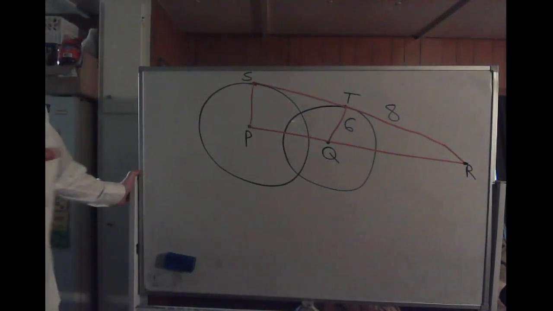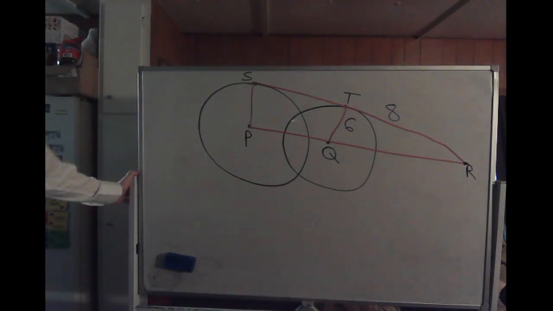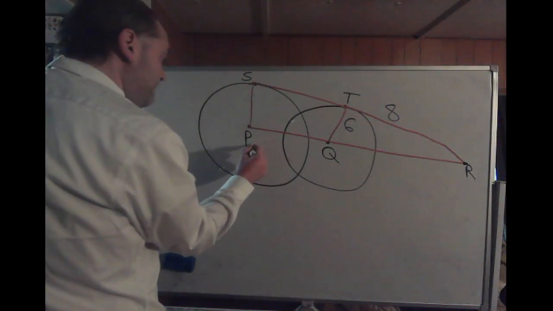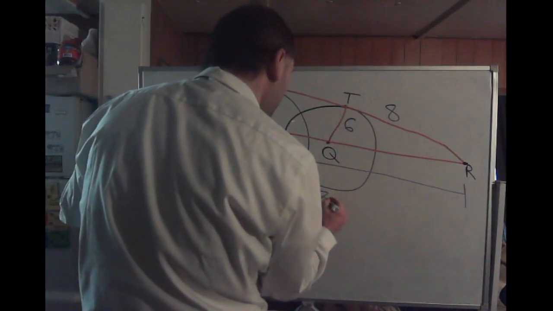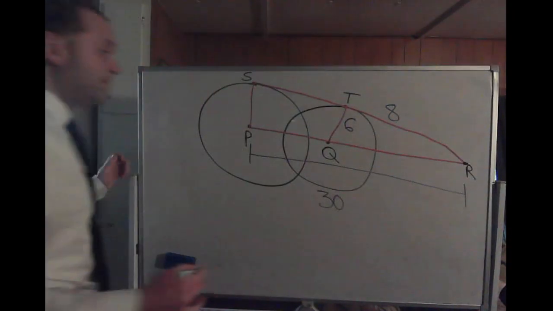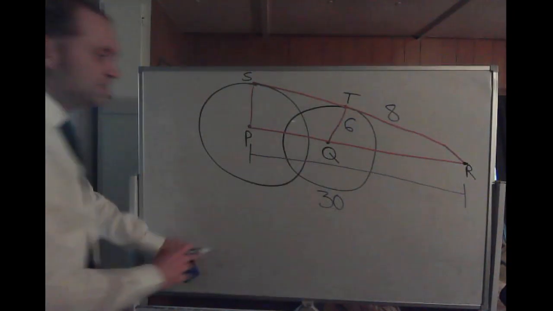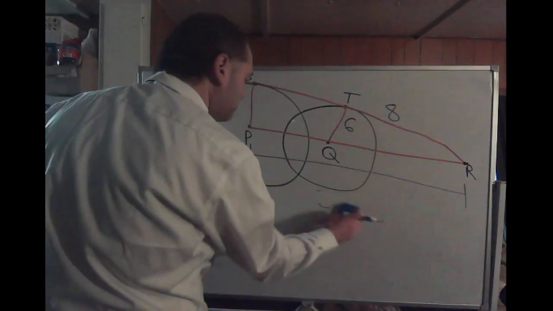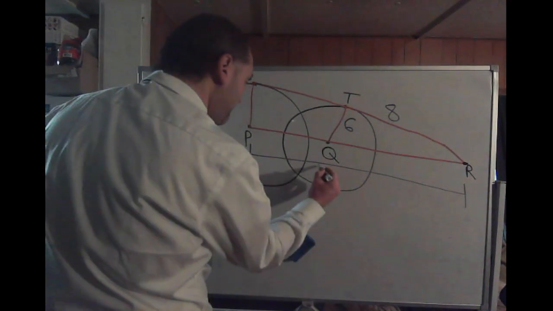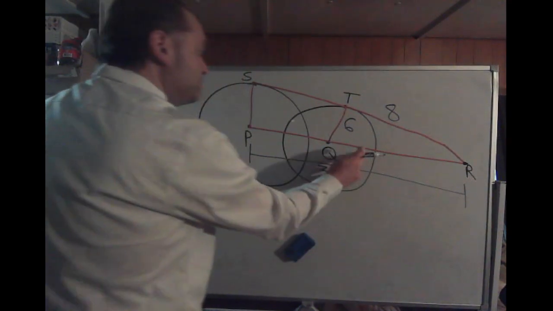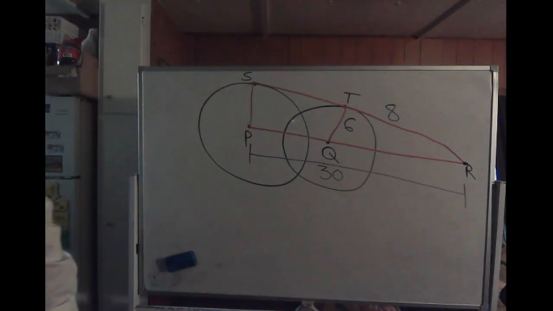And then we have the whole side PR. This whole side of PR has a length of 30.